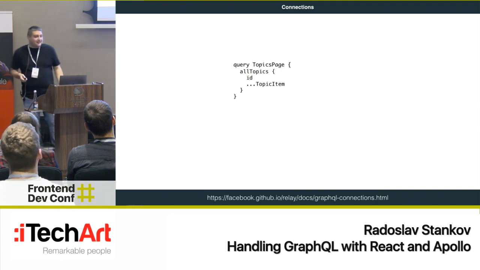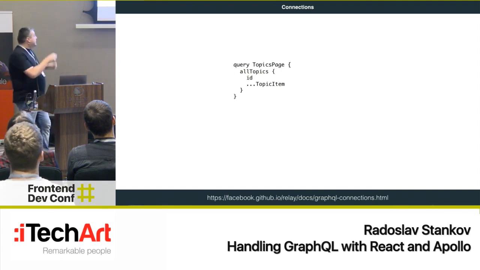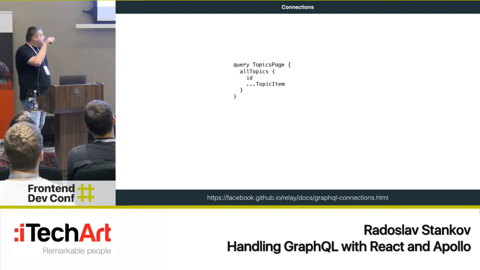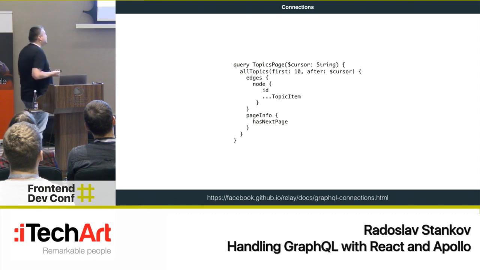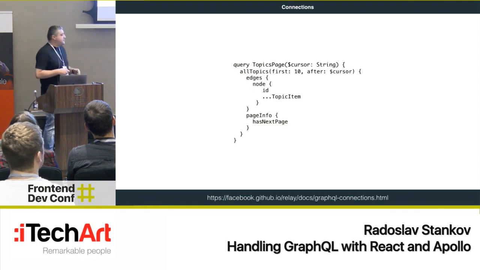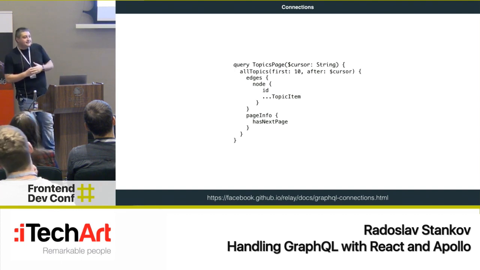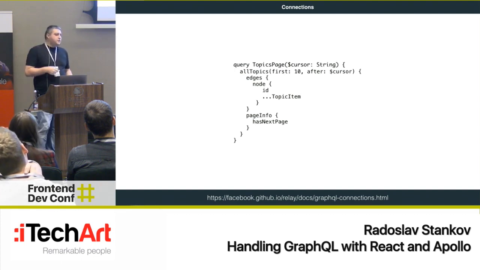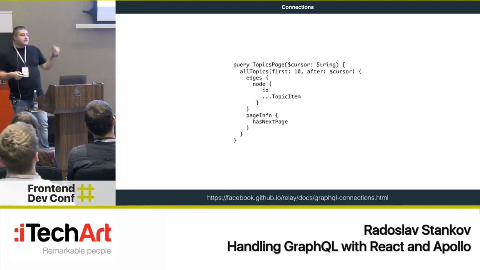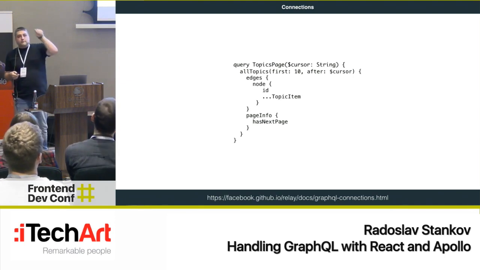I don't think they even have it in a single database. So returning all topics as only an array doesn't work. So you have this connection. The idea of the connection is you have cursors and before and after. It's designed for infinite scrolling pagination, but you can actually use it for number-based pagination where you have page 1, page 2, page 3, page 4.